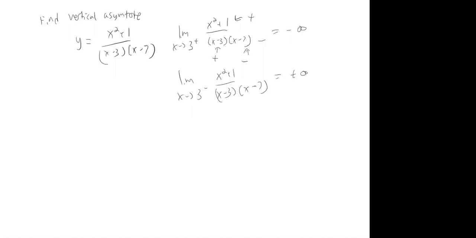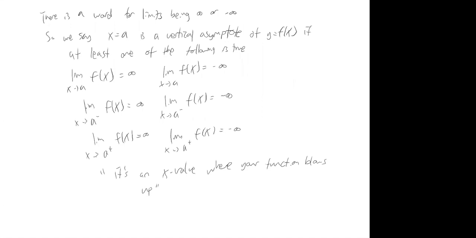Because in this case, you'll be plugging in something like 2.9 instead of 3.1. But in any case, this is satisfied: I got the limit as x goes to 3 from the right is negative infinity. So I satisfy this part: limit as x goes to a from the right is negative infinity. Once you have that, a is a vertical asymptote.